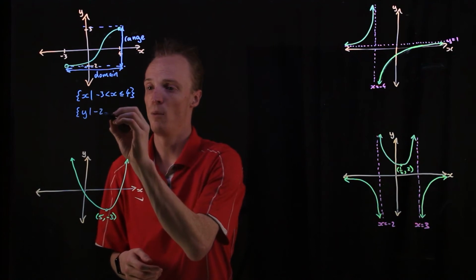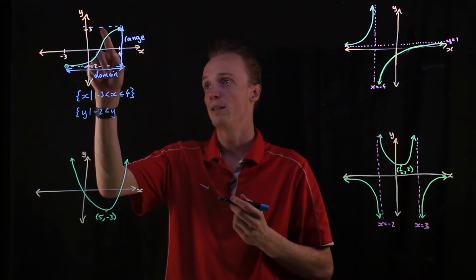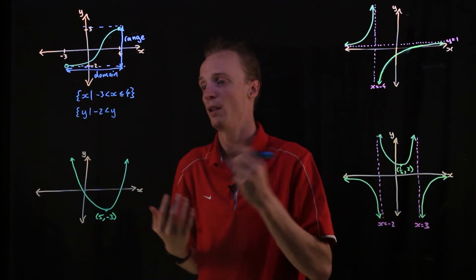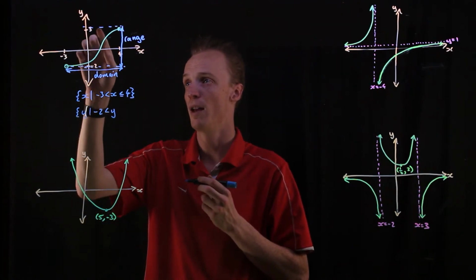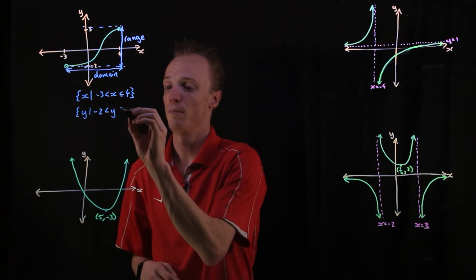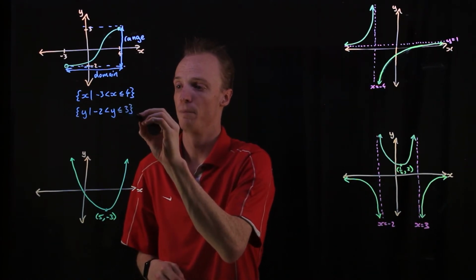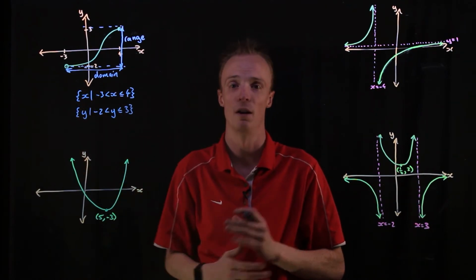So our y is going to be greater than -2, but it stops on this point here. So it stops at +3. So our y can exist anywhere between here, but nothing greater than it. So it can be equal to or less than +3. And here is our domain and our range of this graph.